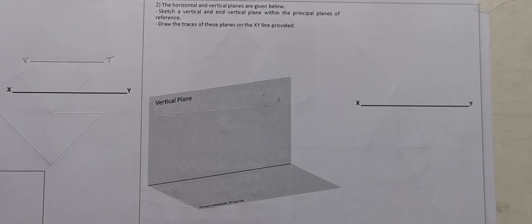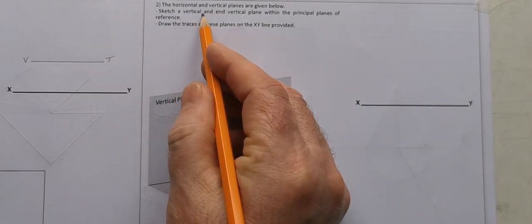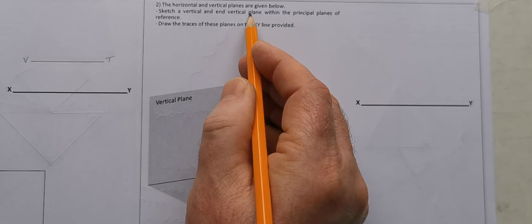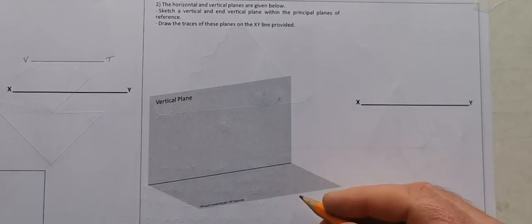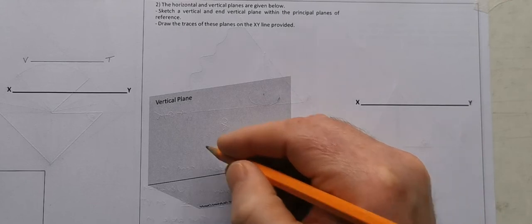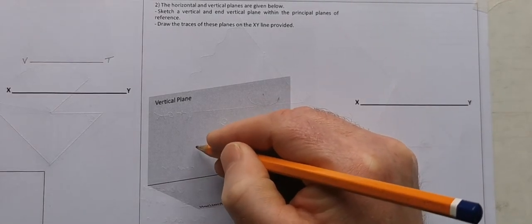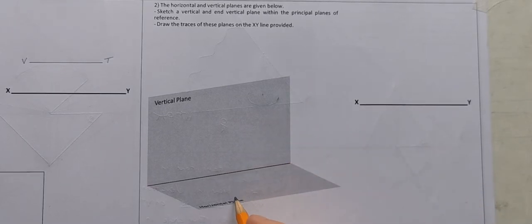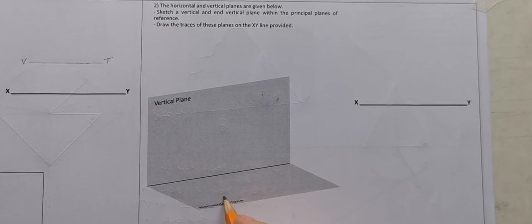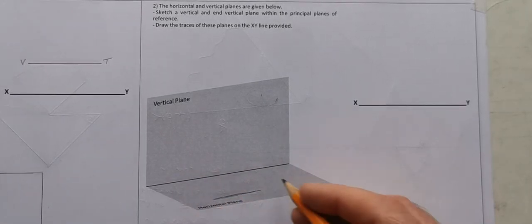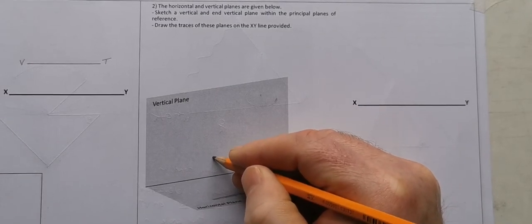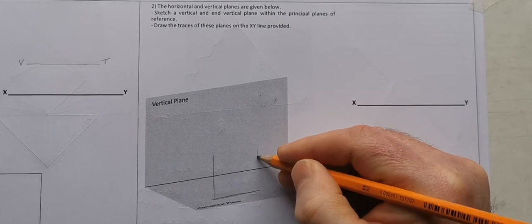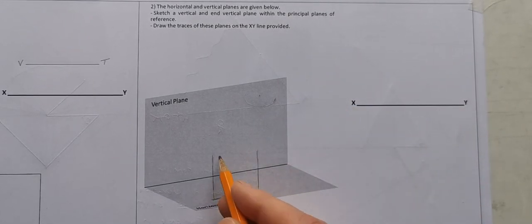The second question over here says to draw a sketch of a vertical and an invertible plane. I'm actually not certain what they're looking for, but for a vertical plane, I'm going to put it out here like this. I'm going to go parallel to the edge of the horizontal plane here, and then vertical and vertical, and the same parallel again here.